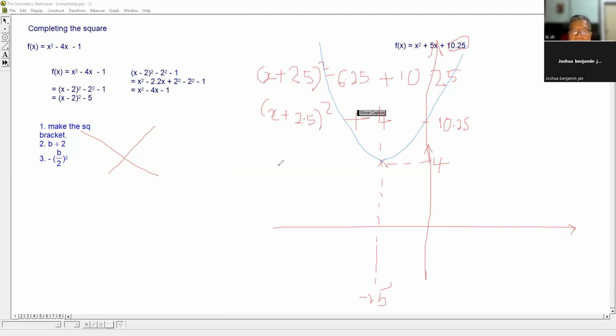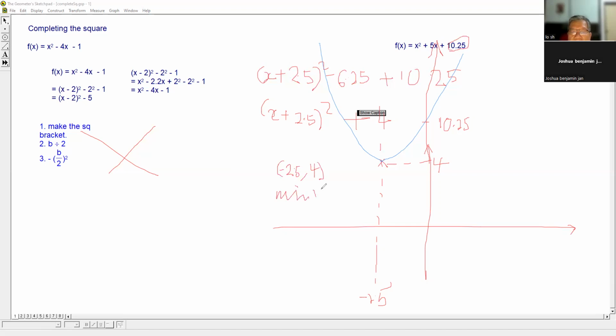So can you tell me what is the minimum point here? 2.5, positive 4. What is the minimum value?